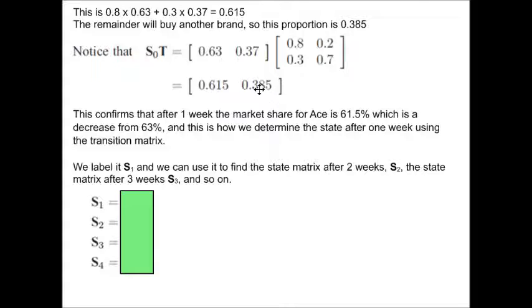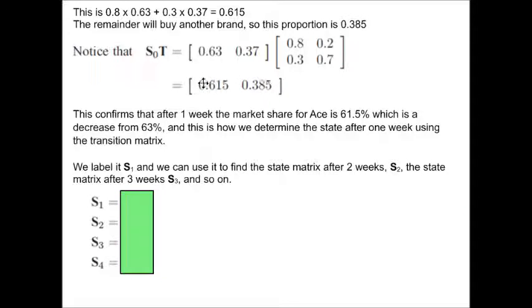And this element is the first row second column, we end up with 0.385. So that confirms that after 1 week, the market share for Ace is now 61.5%, and other brands 38.5%. So we've dropped from a starting value of 63% down to 61.5%, and the other brands 37% now bumped up to 38.5%.